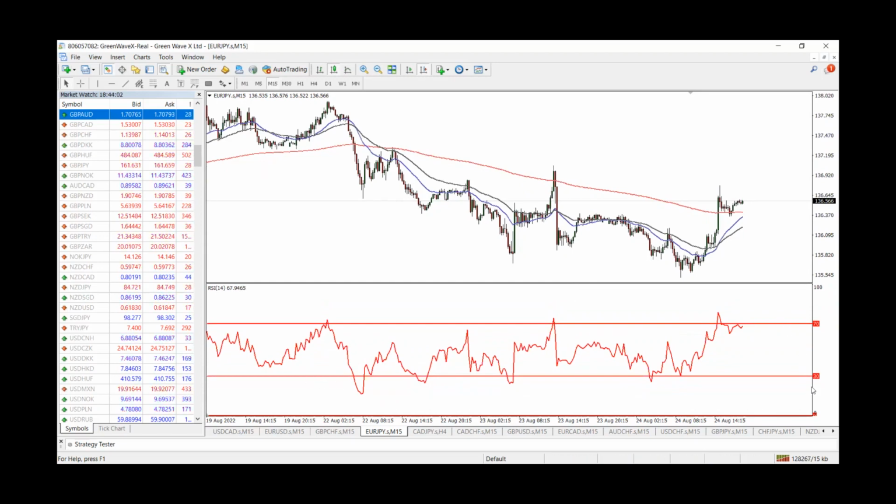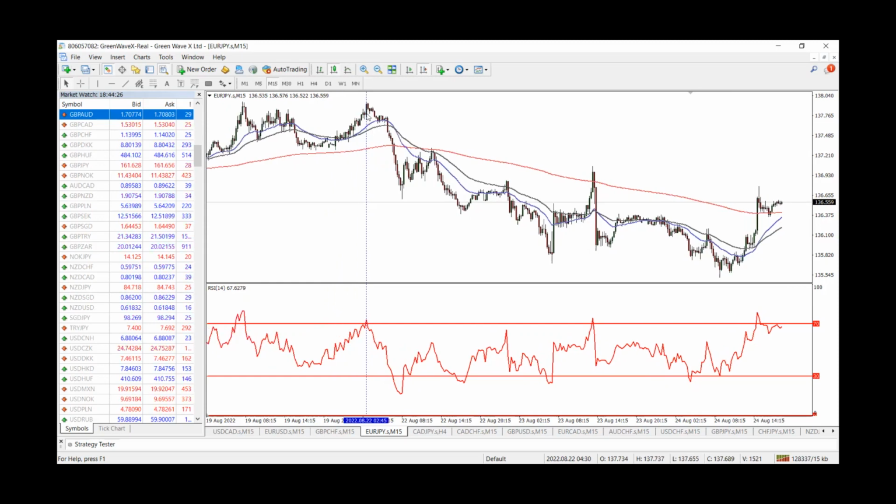So it's 70-30. Once the price gets here, let's mark those places. When it reached 70 here, when the RSI reaches 70, what happened? Exactly at that point, the price started dropping.